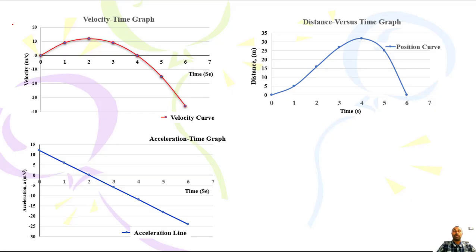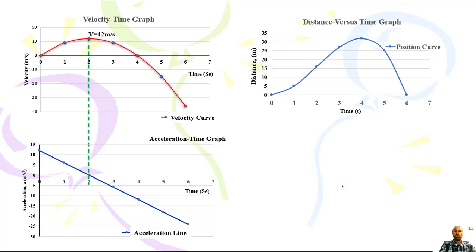So the velocity time curve for every second will be like this. This is the velocity time graph. And this is the distance versus time graph. And the acceleration versus time curve will be this one. Then if you calculate at t equals 2 seconds, what will be the acceleration and the velocity?